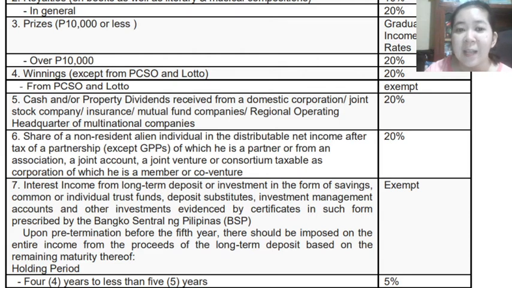If the taxpayer is a shareholder of those companies or entities and receives dividends from such companies, their dividend will be subjected to a 20% final tax.